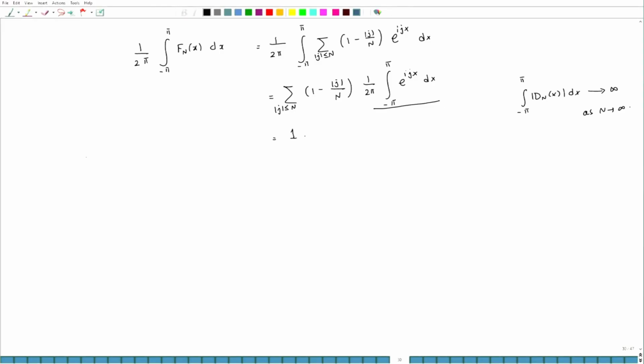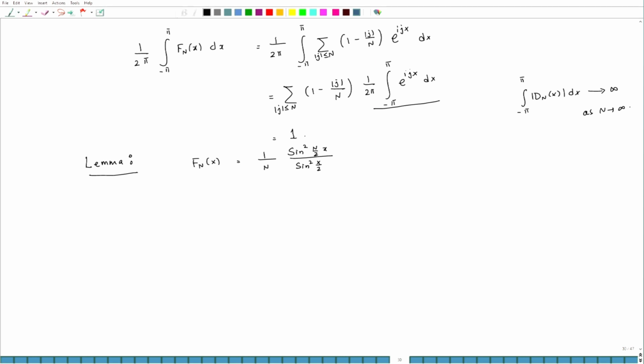So, before that, let us look at this identity, this lemma. This says that f n x has a form which is equal to 1 by n, sin square n by 2 x divided by sin square x by 2.